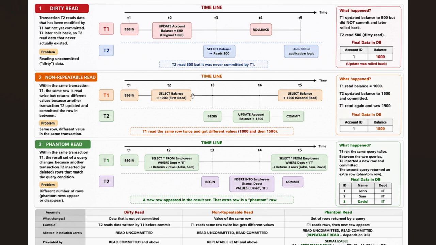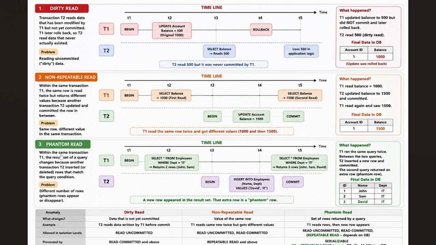So by the time T1 again tried to read the balance, it got 1500. So there were different results for the same query within the same transaction. Same row, different values in the same transaction. That is non-repeatable read. So just keep this in mind.